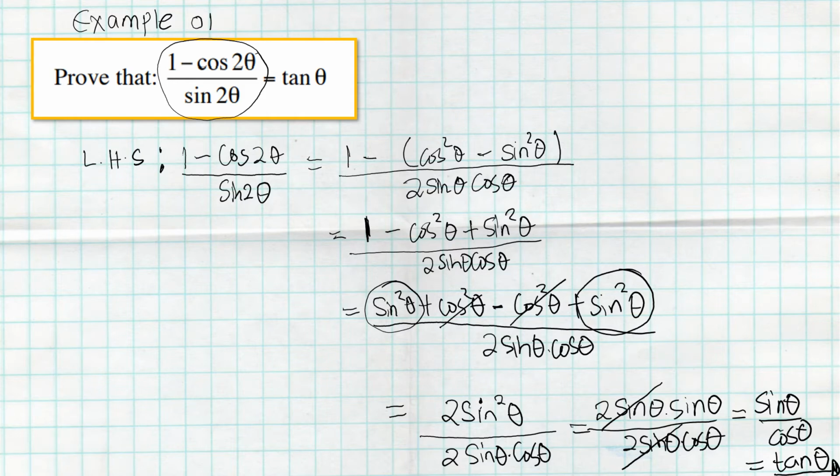We managed to prove that indeed the left hand side is equal to the right hand side. Basically we just applied our double angle identity rules, and also that identity rule that you learned in grade 11, and also covered in our part 1, to say 1 is the same as sine squared theta plus cos squared theta. Then we added like terms up until we simplified to tan theta.